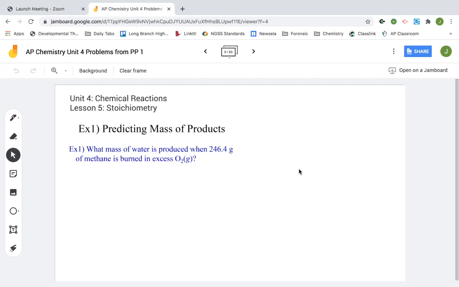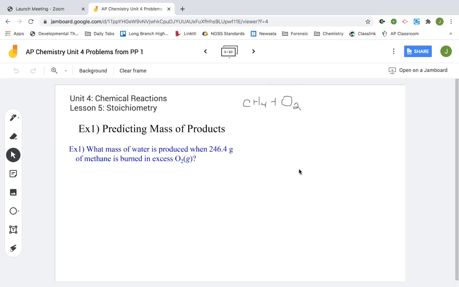So we know water is produced when methane is burned in an excess of oxygen. So methane is going to be one of our reactants. So we're going to start with methane, and it's burned in an excess of oxygen, so plus O2.